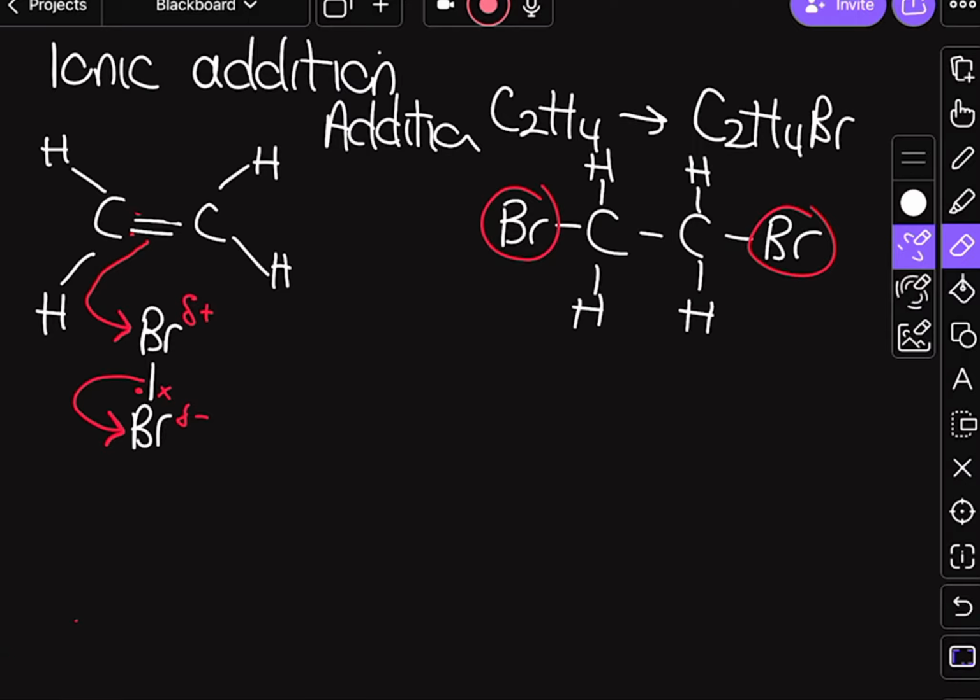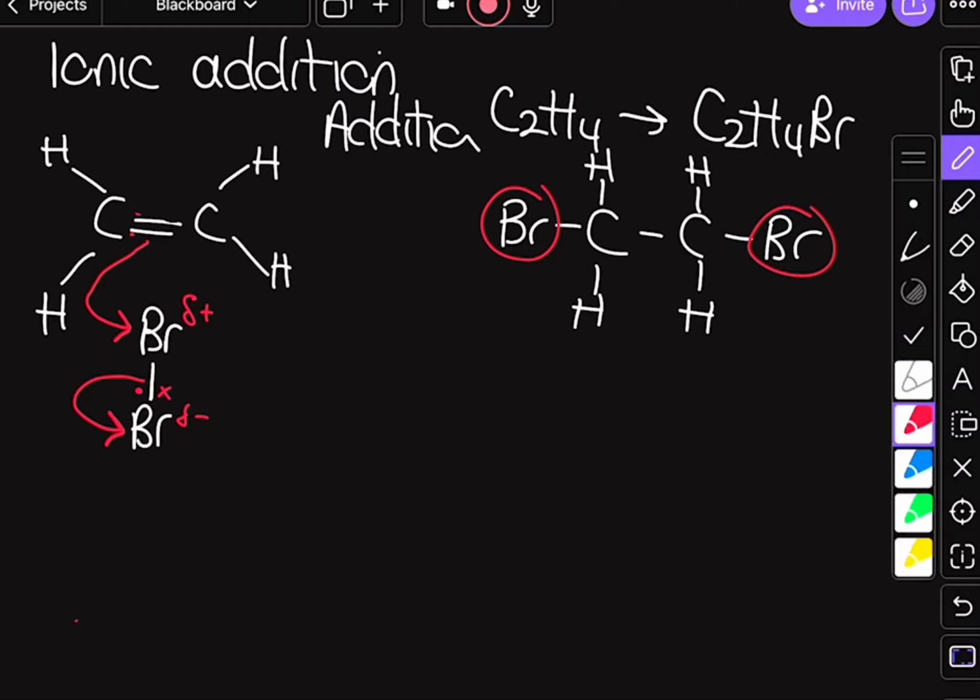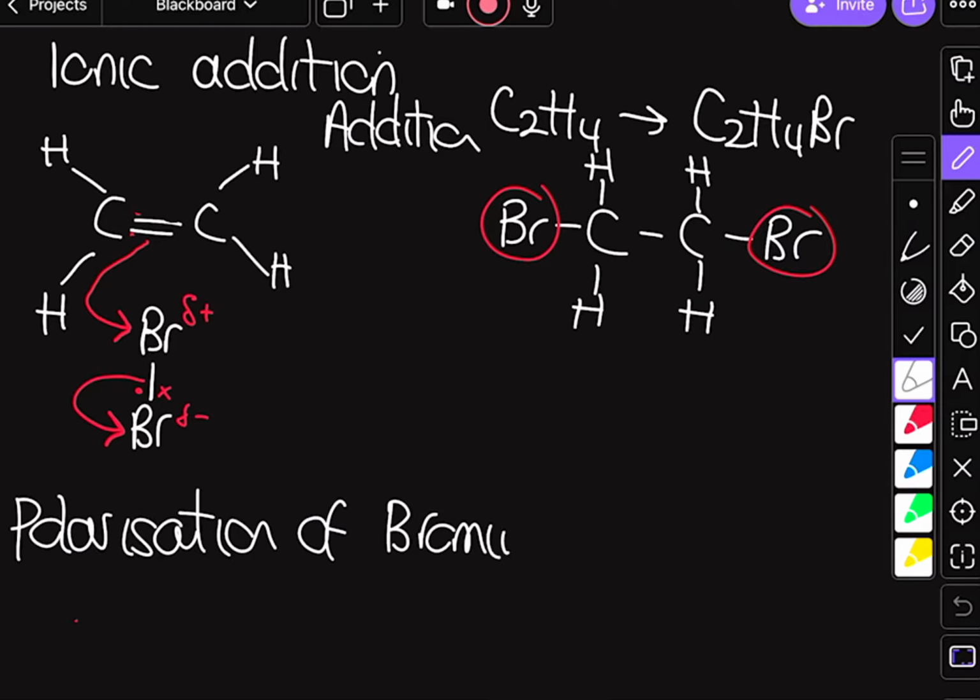Now there are 2 pieces of blurb that you can write for the first diagram. The first one is we show it in the diagram, so it's not hugely necessary, but what we say is that we get polarization of bromine by the double bond in ethene.